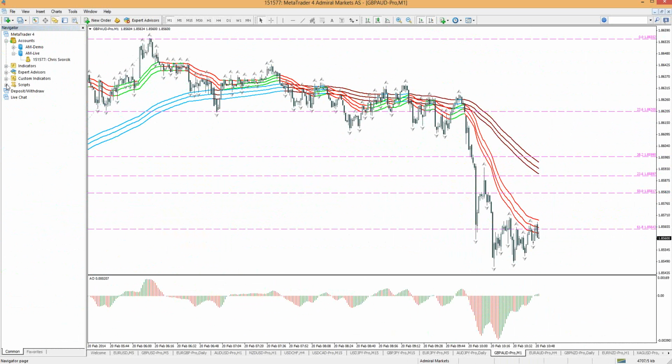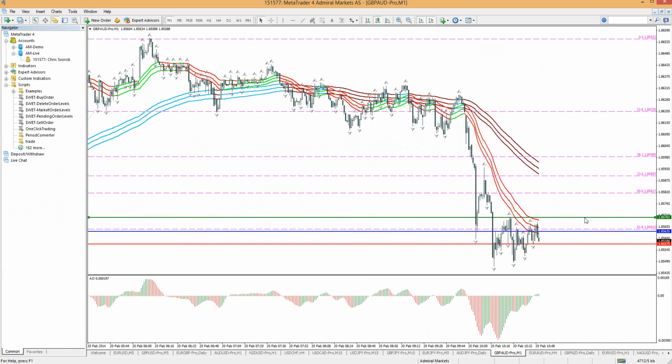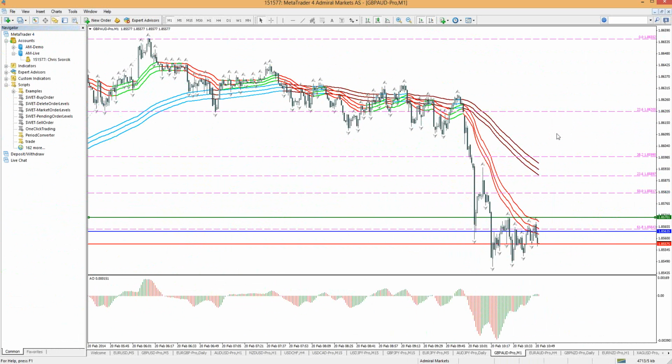So let me put a pending there. I like it a bit more than the pound dollar because the Aussie USD is moving down potentially. Or it's moving up now, but it could be moving back to resistance.